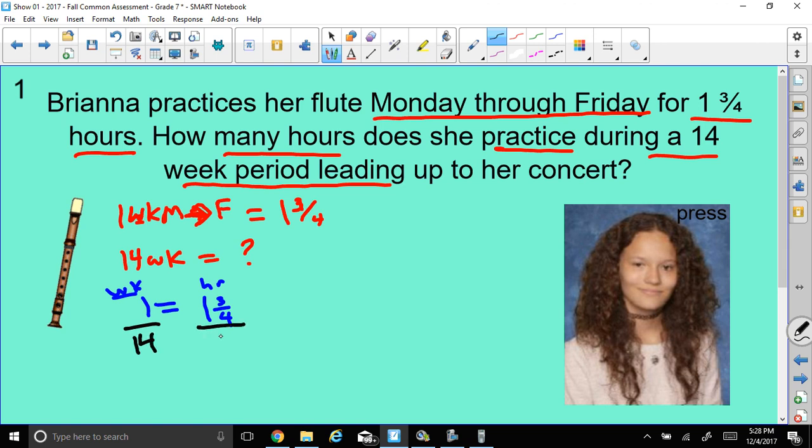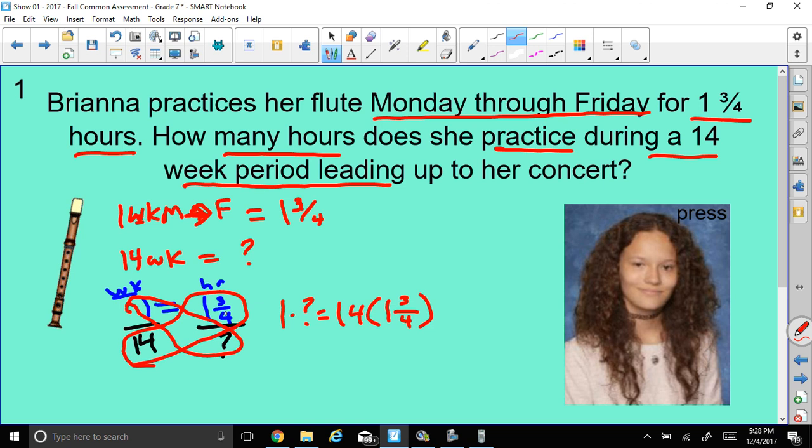I want to know how many hours is that. Well, if you remember how we solve these proportions, we cross multiply. So 1 times question mark will be equal to 14 times 1 3/4. So let's write that over here. 1 times question mark will equal 14 times 1 3/4.